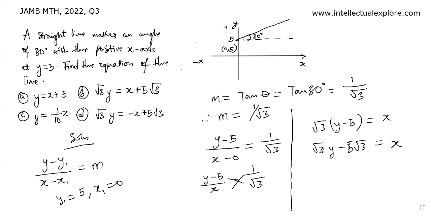So we keep this one here, and we move this second term to that side so that you have root 3 times y equals x plus 5 root 3. And which option is that? That is option B. That is how to answer that question. Thank you.